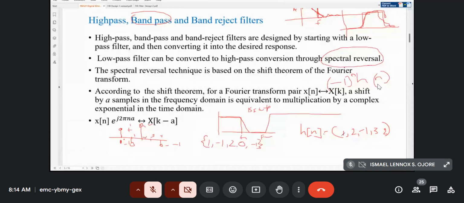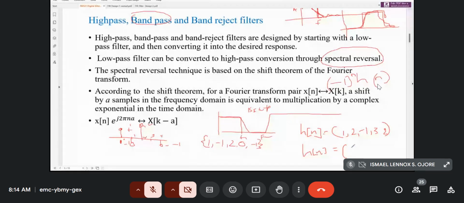So if you have this h(n), when you talk of spectral reversal, it means your h(n) will change by inverting every other coefficient.